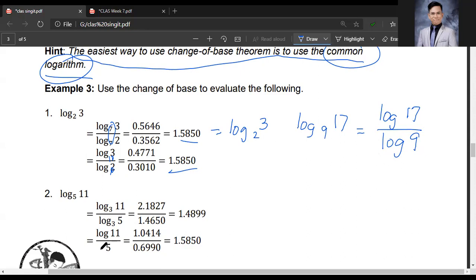Okay? Ay, dito, log din dito. May na-typo. Ayan. So, ganun din dito, class. Logarithm of 11 with a base 5. O, ayan na po siya. Diba? O, yun yung answer. 5.8 ata dito. Typo na naman ako. 4.8 pala to. 4.899. Sorry.